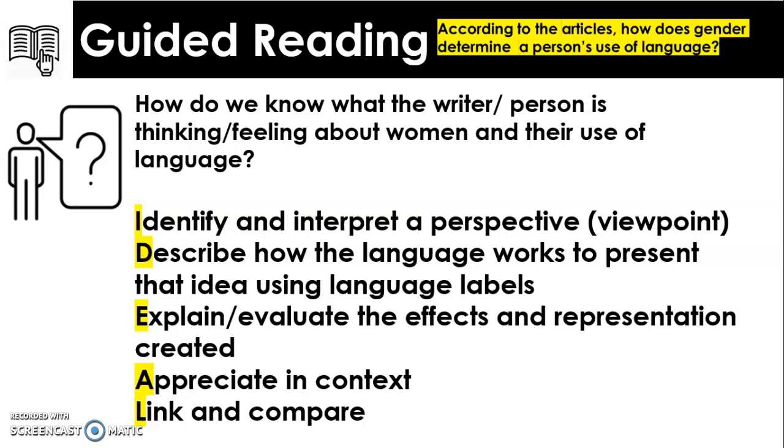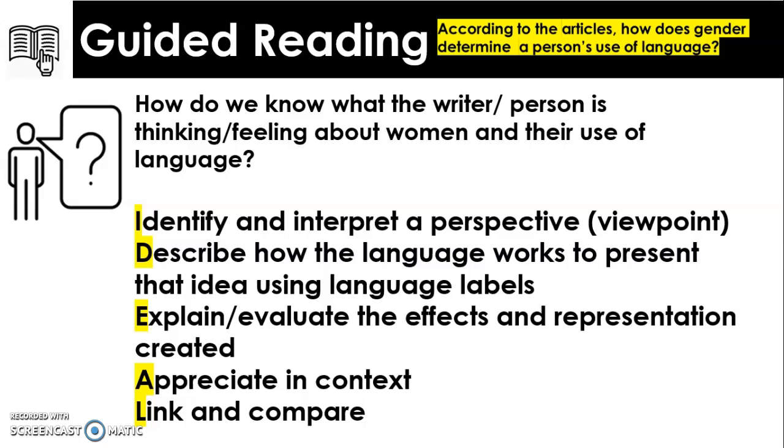Now, we are going to remind ourselves of this acronym, the ideal paragraph outline, the core set of skills that we want to integrate into our annotation, into our writing. We want to be able to identify and interpret a perspective, a viewpoint, a thought, a feeling about women and their use of language. Once we've pinpointed that moment, we want to zoom in and describe how the language is working to present that idea using our language labels.